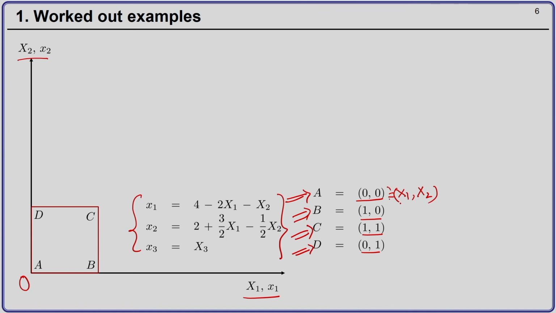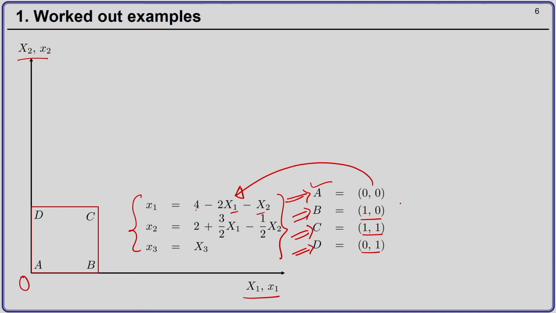Once you have these X1, X2, you can substitute here, and then you can obtain the current position of each corner point A, B, C, D. For example, if you want to see where point A went, the current x coordinate of point A, you substitute 0 0 here.